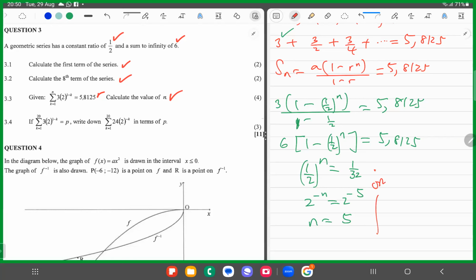If you use the log, it is n the log of 1/2 equals the log of 1/32. So this is 5. Right, so you see that n equals 5. All right, so let's continue and do the next one.